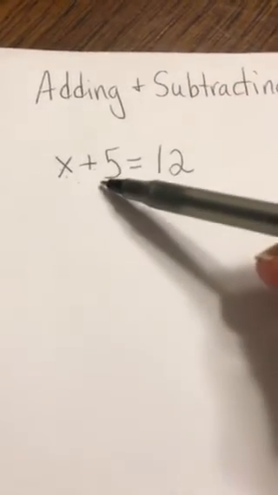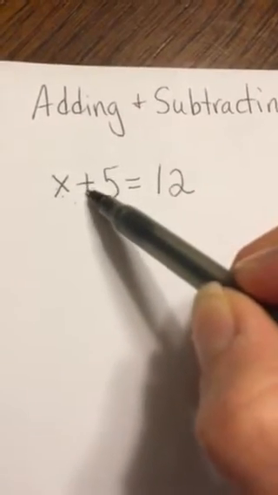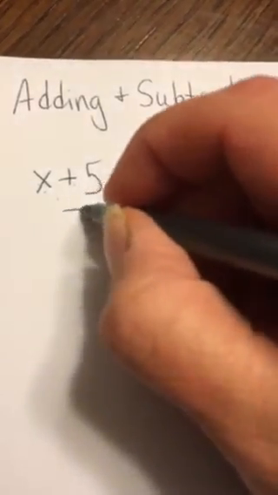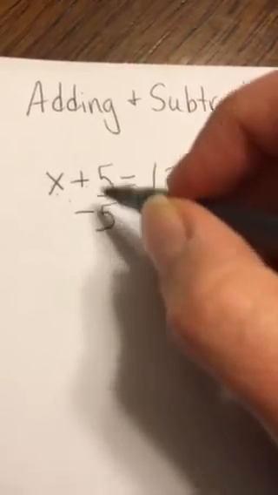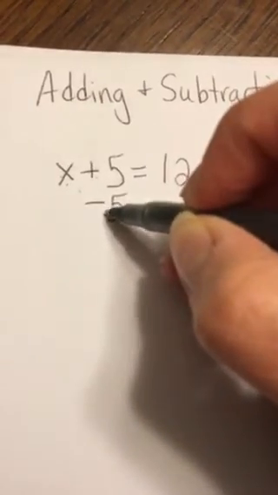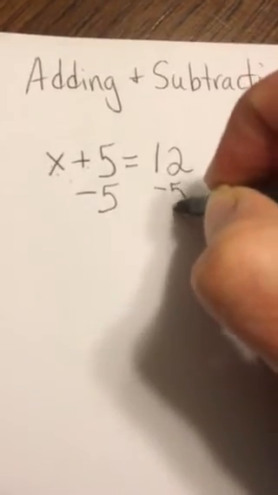So let's do that with this equation. We have x plus 5 equals 12. So we have added 5 here. So I'm going to use the opposite, and I'm going to subtract 5 from this side. And because we have a balanced scale, when I subtract from this side, I'm going to also subtract from this side.